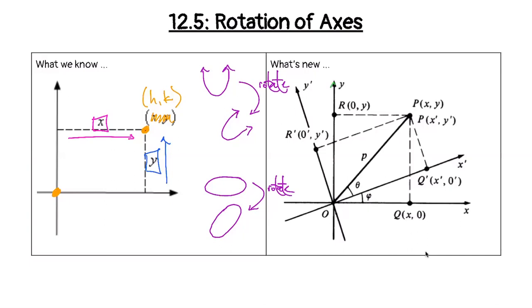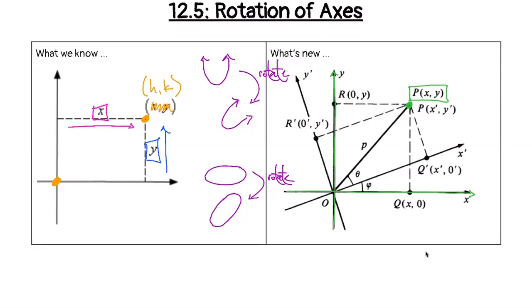So our original graph maybe has this as a y-axis and this as an x-axis, okay? And on this graph, we have a point. And we call this point P, and we label it x comma y, okay?